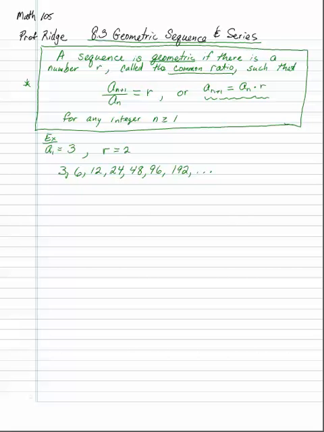And then note, if you took a sub 3 divided by a sub 2, that's going to be 12 divided by 6, which is 2.